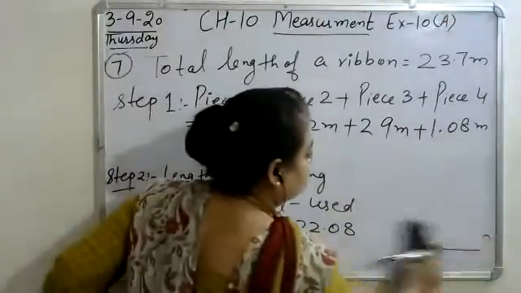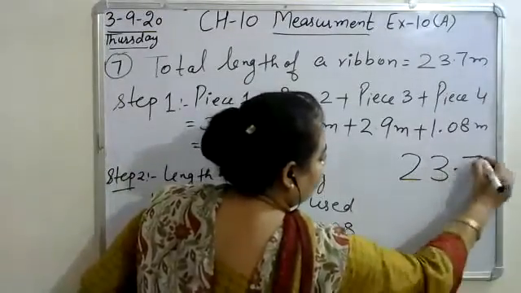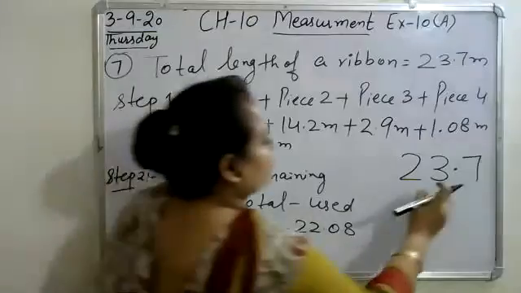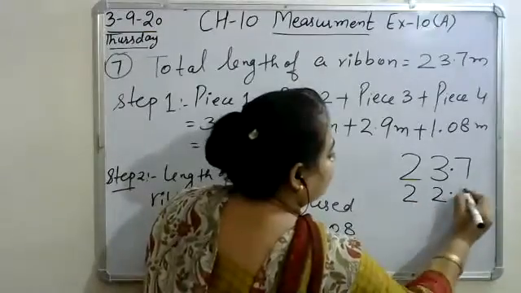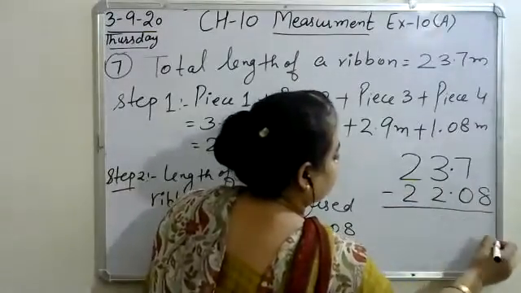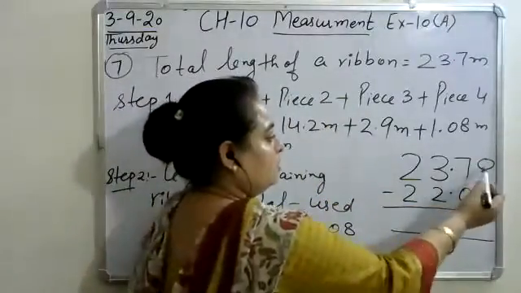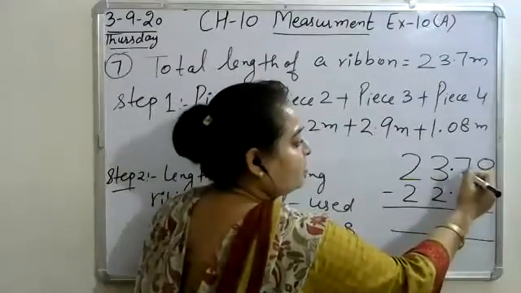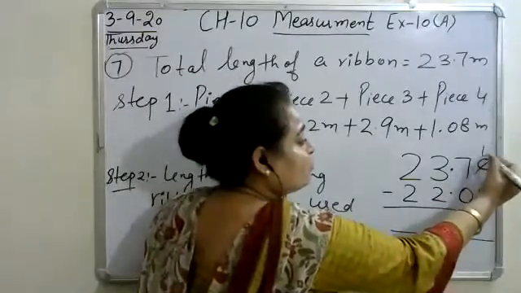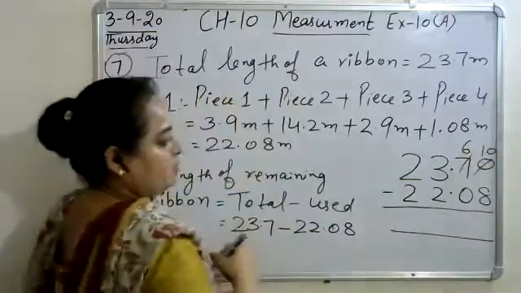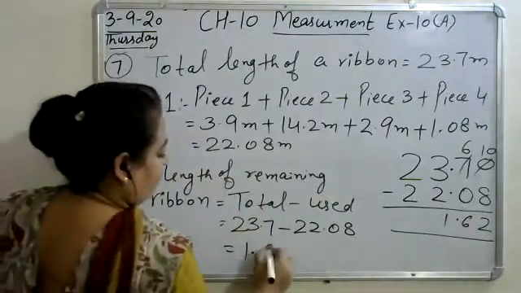So right here, again, 23 decimal 7, 22 decimal 08. Write 0 here. This 0 will borrow from this 7. So this 0 will change to 10 and 7 will change to 6. So 2, 6, 1. So the result is 1.62 meter.